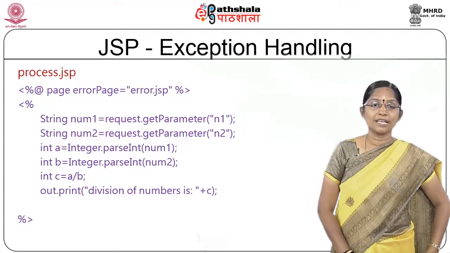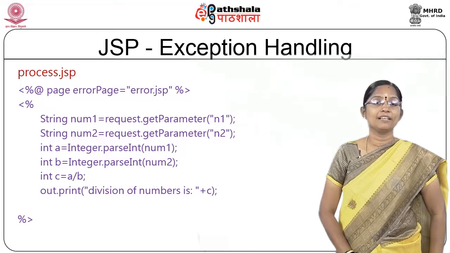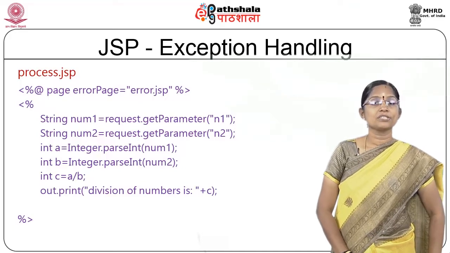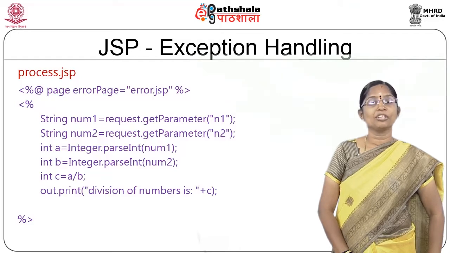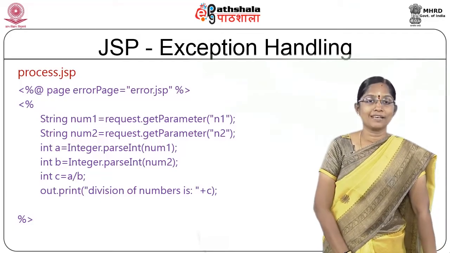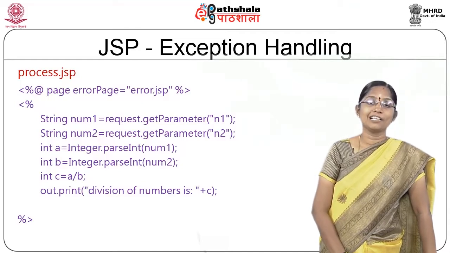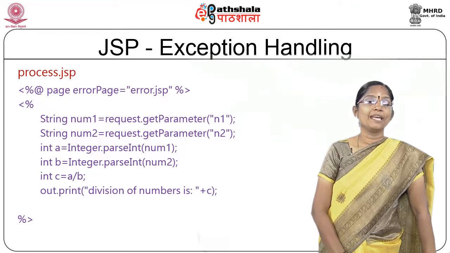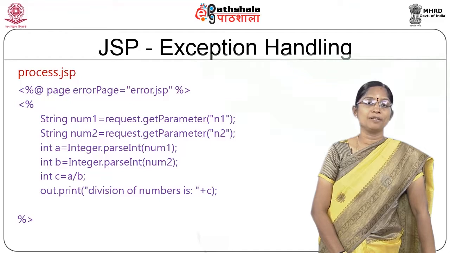Here you can see request.getParameter of n1, which gets the value of the first text box, and request.getParameter of n2, which gets the value of the second text box. Then, using Integer.parseInt, they have been converted into int a and int b. int c is equal to a / b, which gives you the division result. The division of the two numbers has been printed.